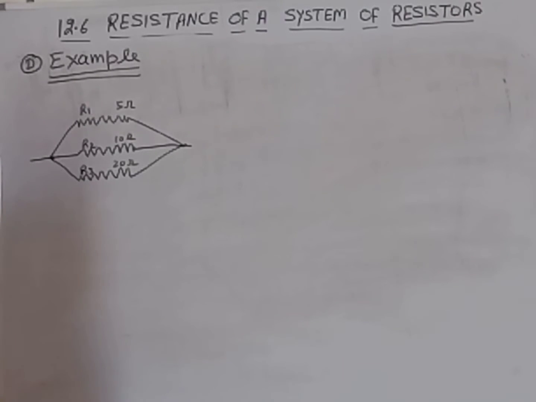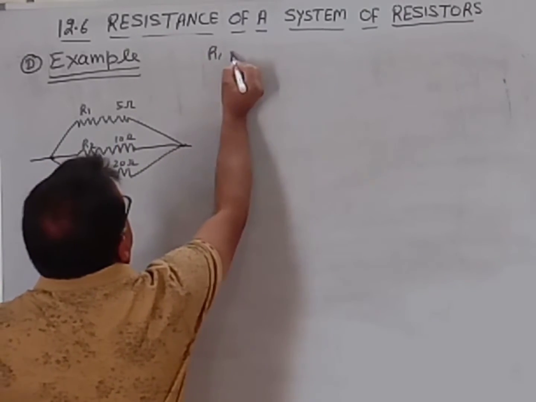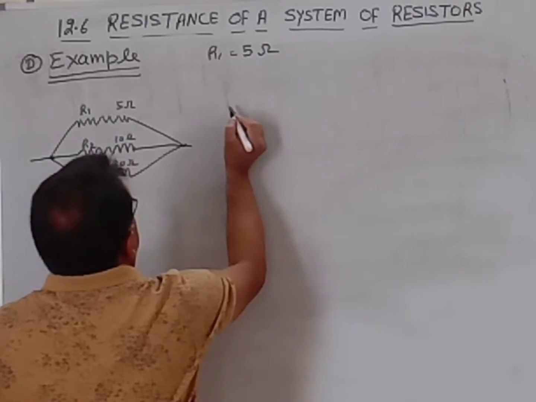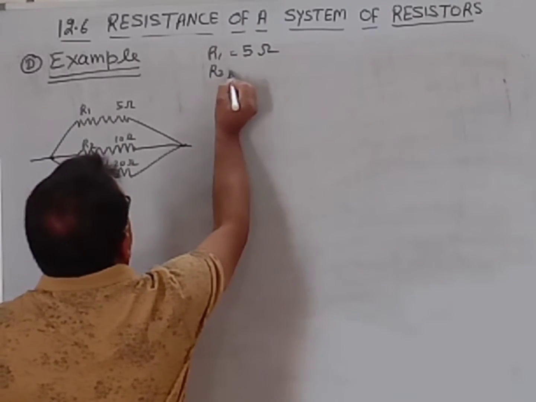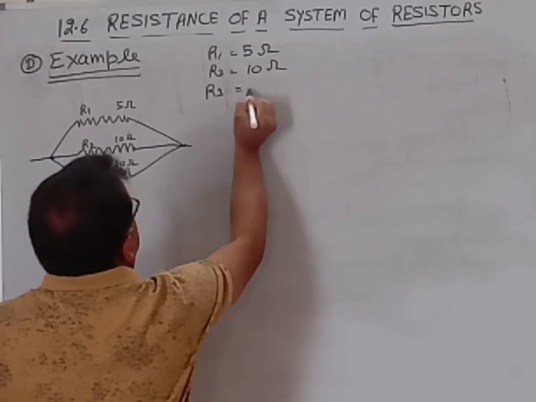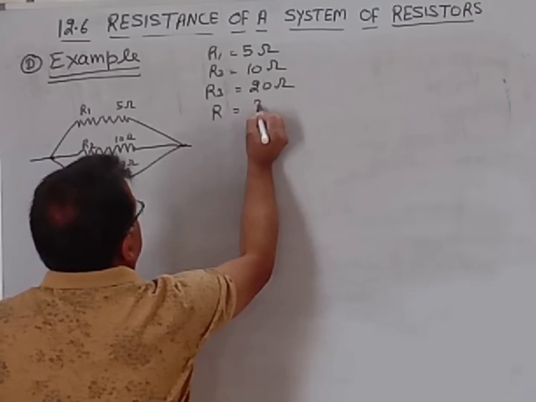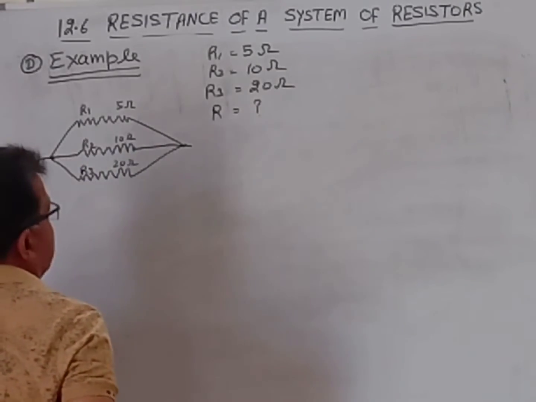Then how shall we find the equivalent resistance? So R1 is equal to 5 ohm, it is given. R2 is equal to 10 ohm. R3 is 20 ohm. R, that is the equivalent resistance, we have to find.